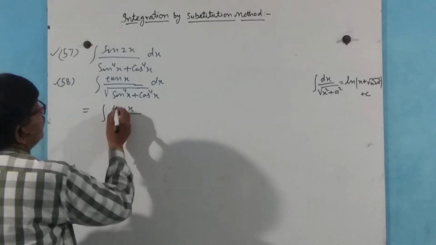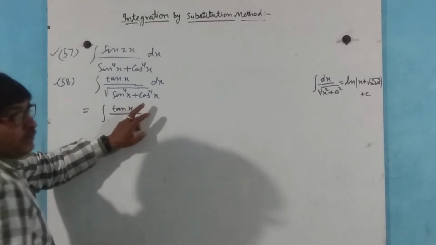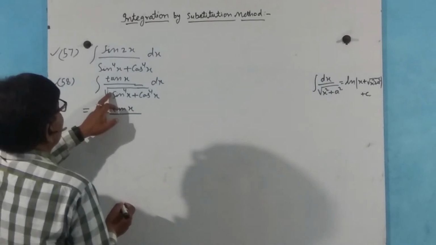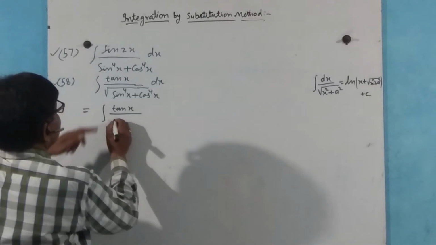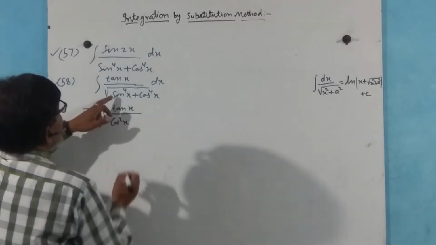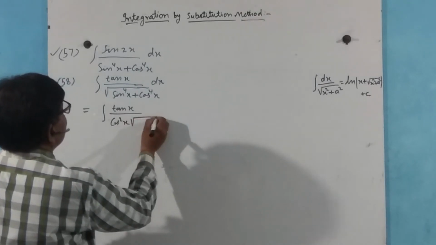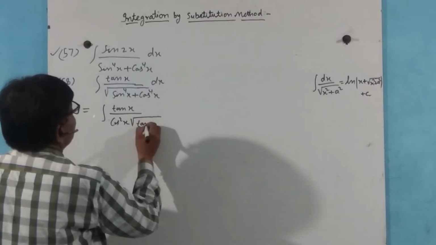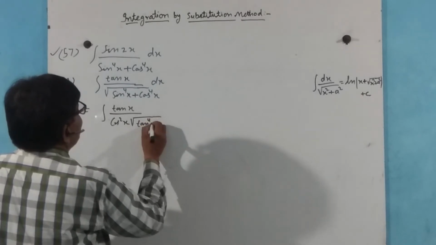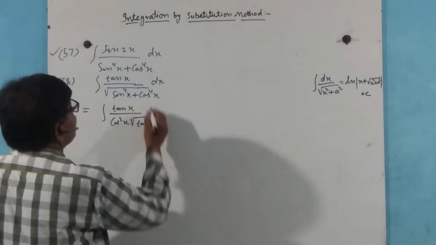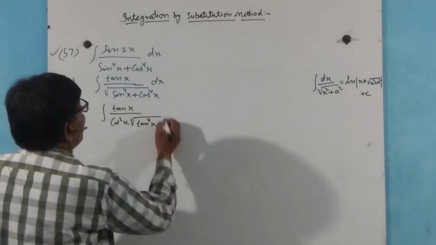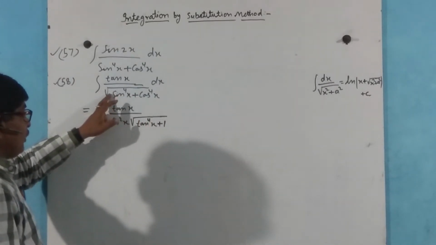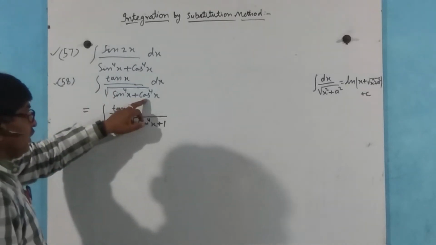In this case we take common cos to the power 4 x, and cos square x comes out: under root sin to the power 4 x divided by cos to the power 4 x, which is tan to the power 4 x, plus 1, because cos to the power 4 x comes common, and after that cos square x.